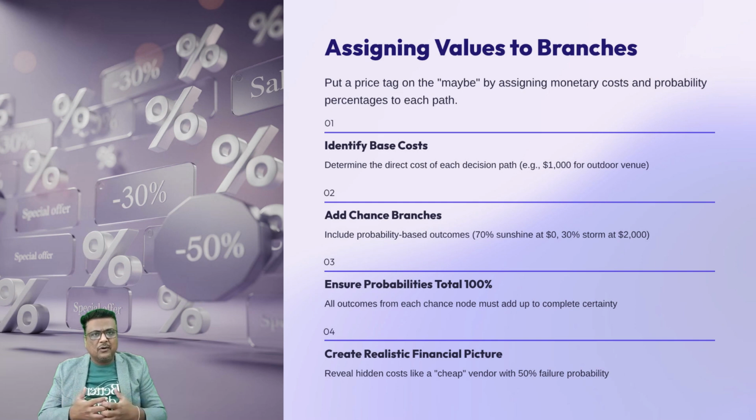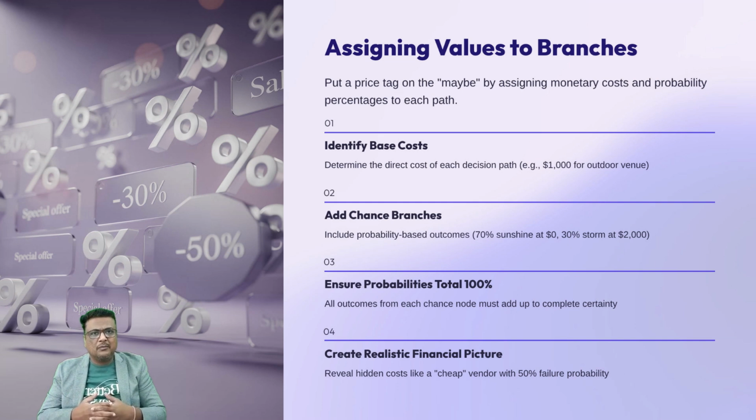For every branch on your tree, you need two things: how much it costs and how likely it is to happen. For example, if you choose the outdoor path for your party, it costs $1,000. But then you add the chance branches, a 70% chance of sunshine, $0 extra cost, and a 30% chance of a storm, which costs $2,000 for emergency tents.